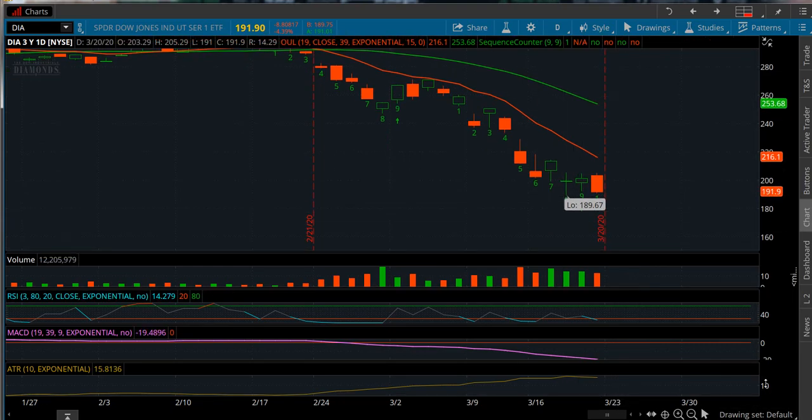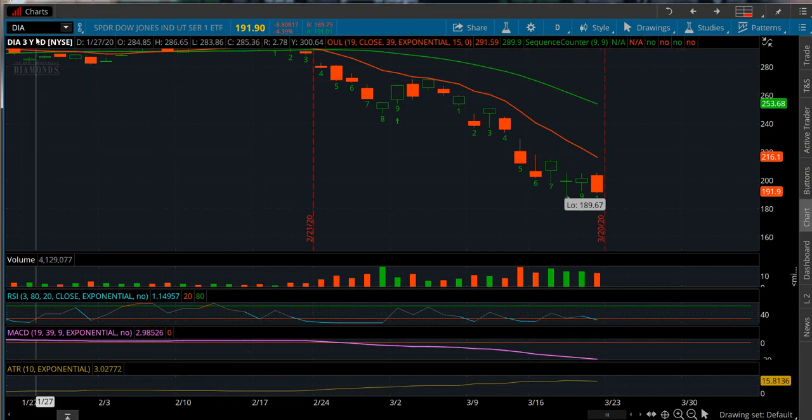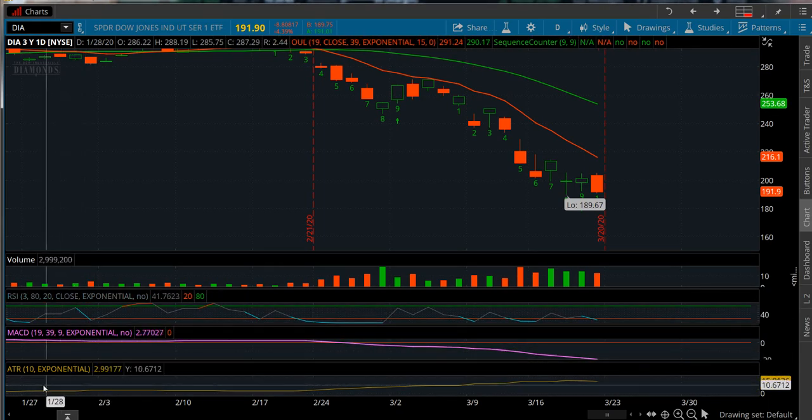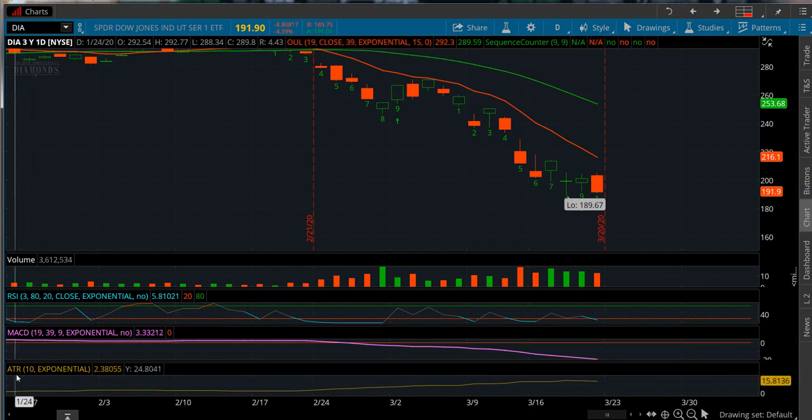Now, in most cases, this is a daily chart. We have an average true range. You see, all my stuff is set on exponential. You'll figure that out later. We have an average true range. This is a daily chart.